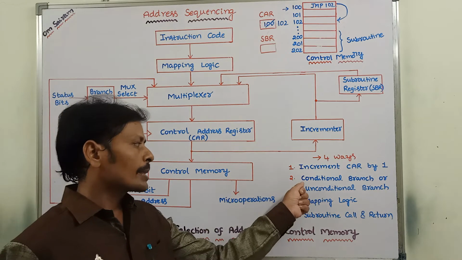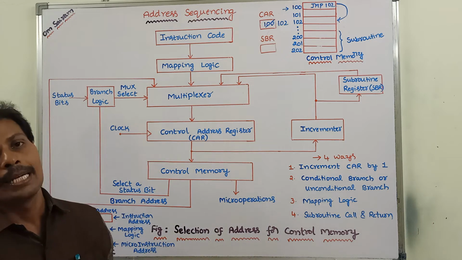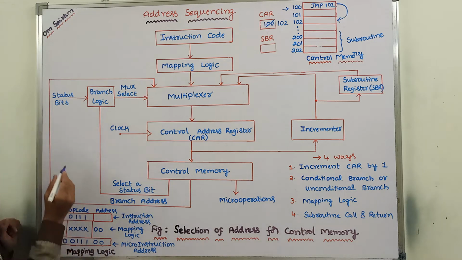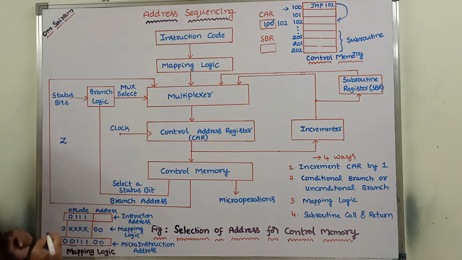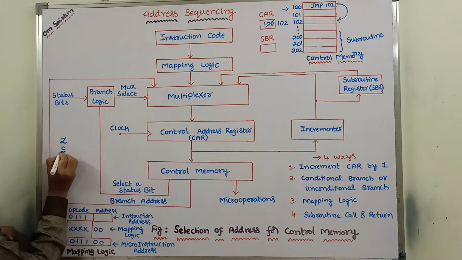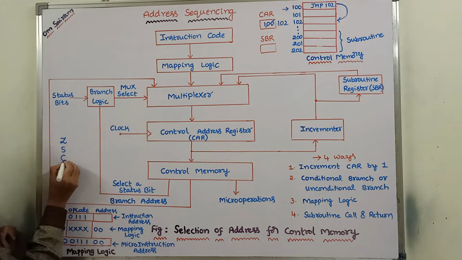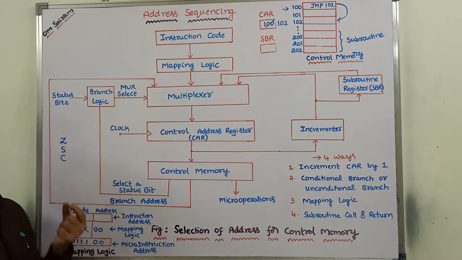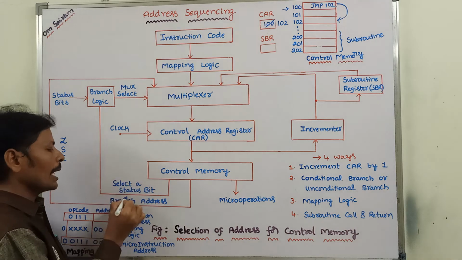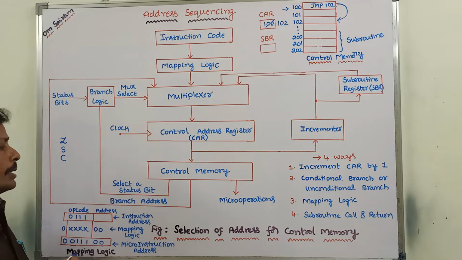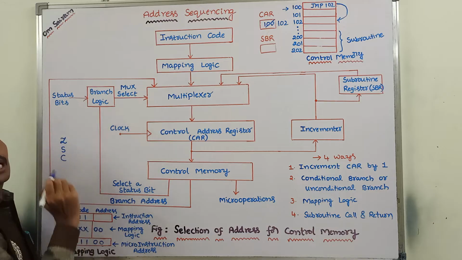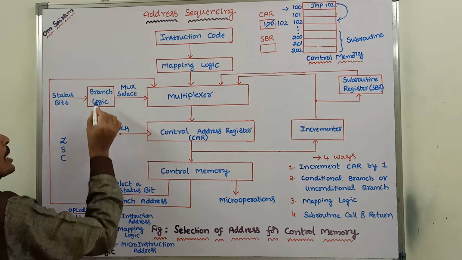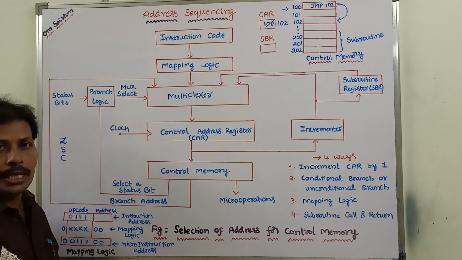In this case, we have to check various status bit conditions. The first one is the zero flag, the second one is the sign flag, the third one is the carry flag. First, we have to select a status bit. Then we have to check the status bit condition by using the branch logic.